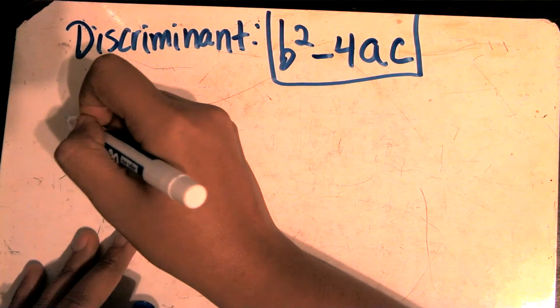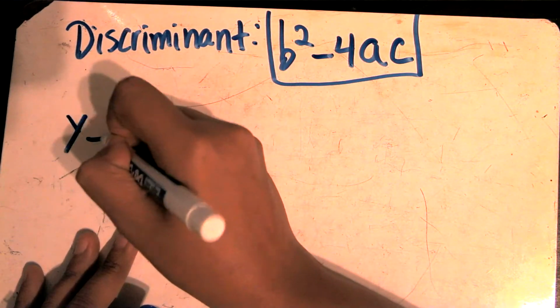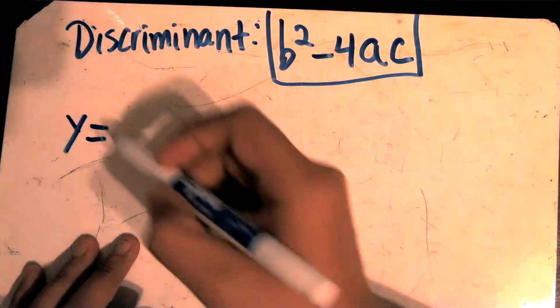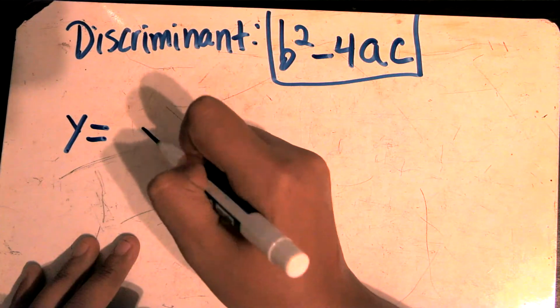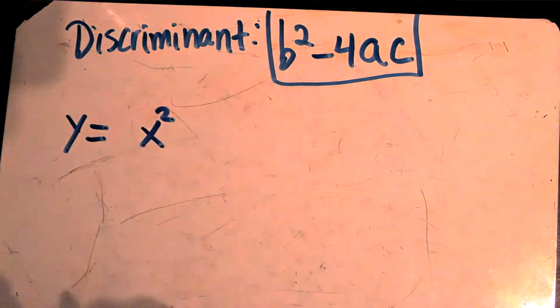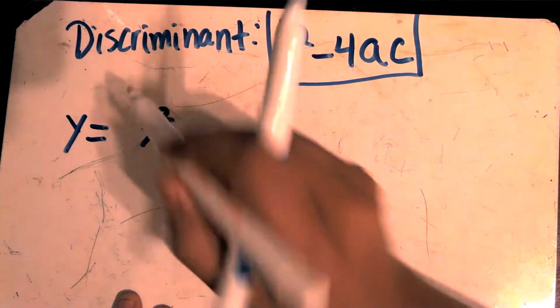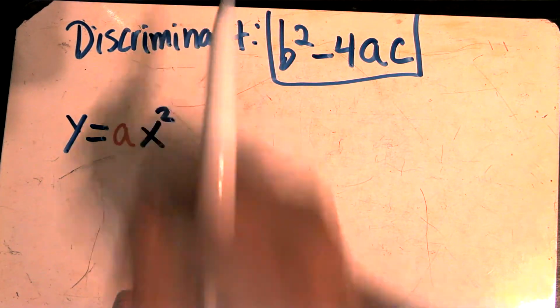Now what do the b and a and c represent? Well, they represent the numbers that we see in a quadratic function. So the a is the coefficient of the x squared term, or what we call the lead coefficient.